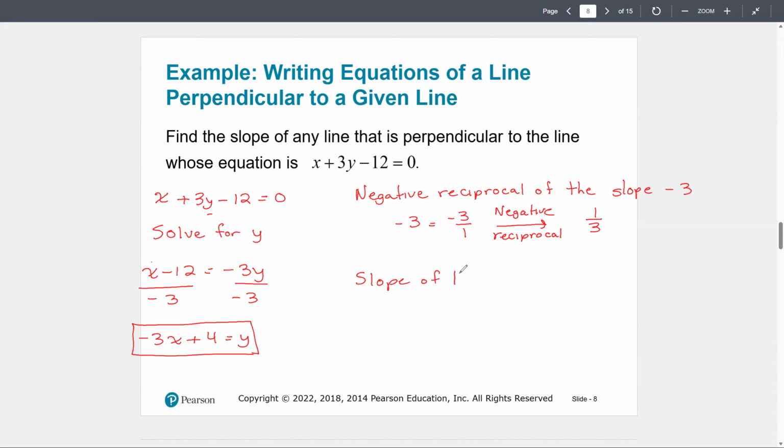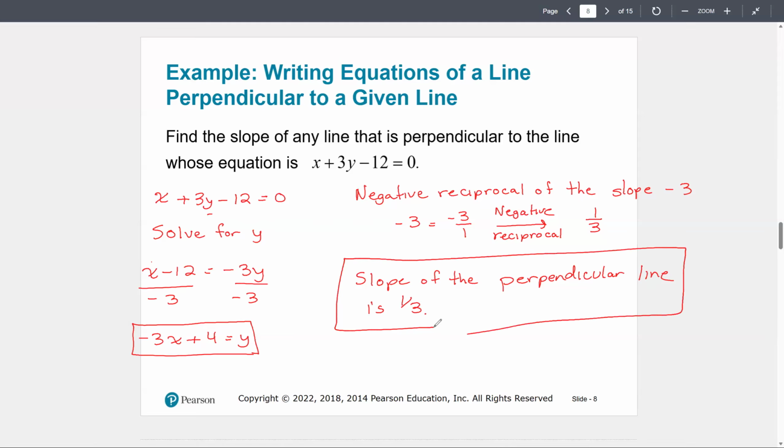So the slope of the perpendicular line is 3. So that's all we were asked for, is just find the slope of the perpendicular line.